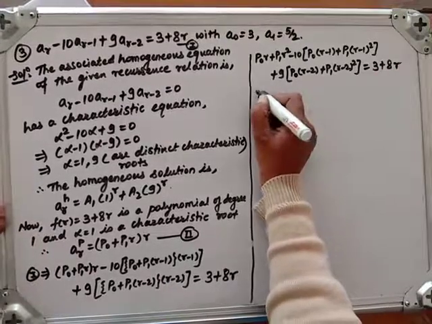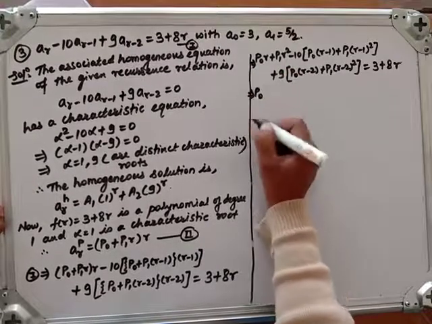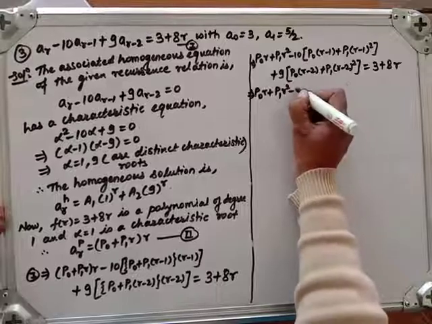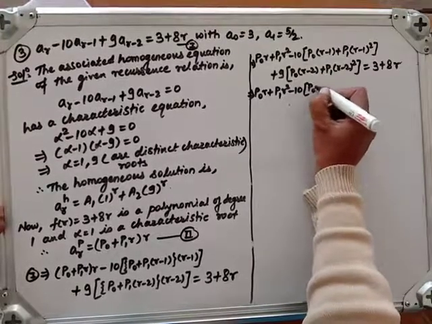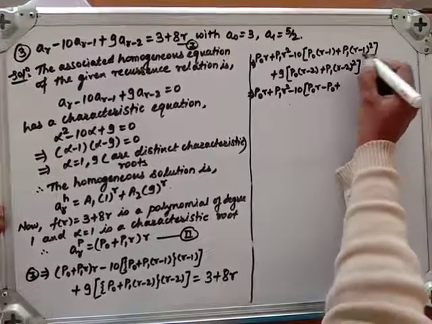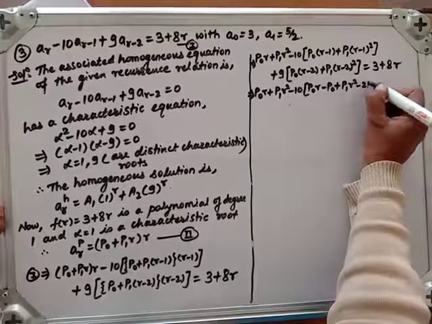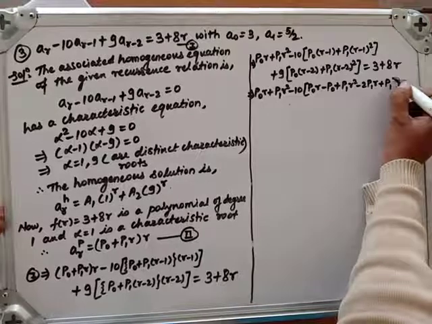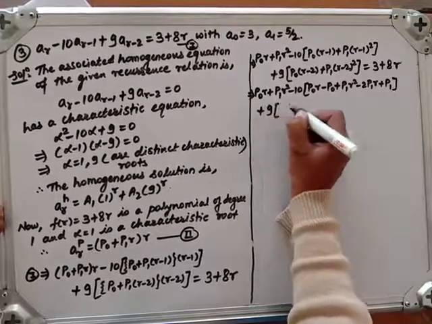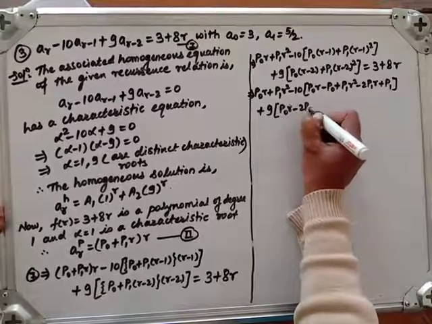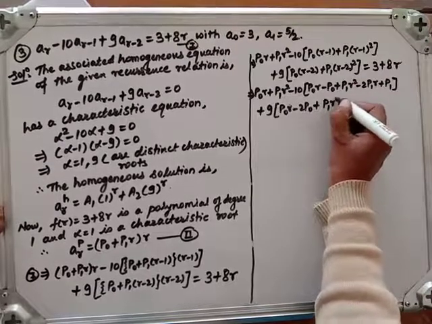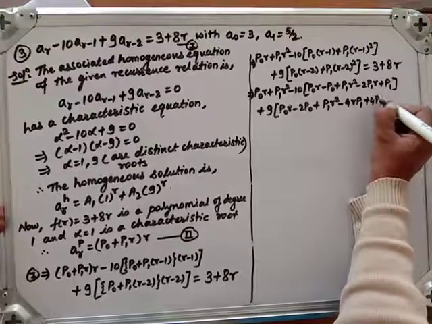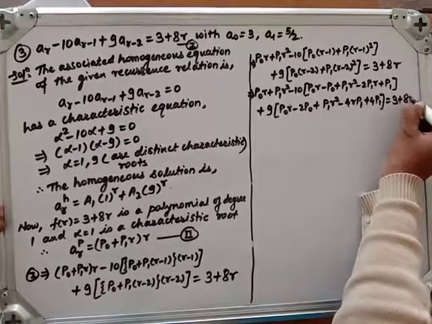Expanding, minus 10 into P0 r minus P0 plus P1 r square minus 2 P1 r plus P1, plus 9 into P0 r minus 2 P0 plus P1 r square minus 4 r P1 plus 4 P1, equal to 3 plus 8r.